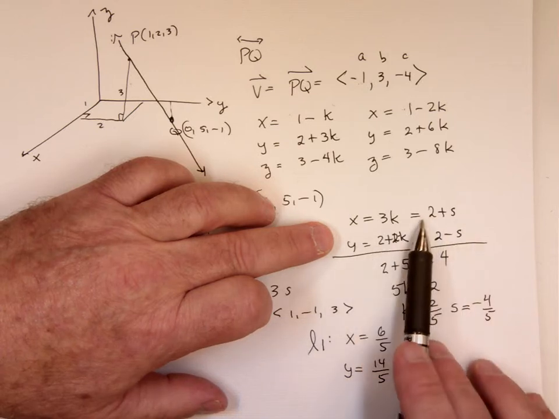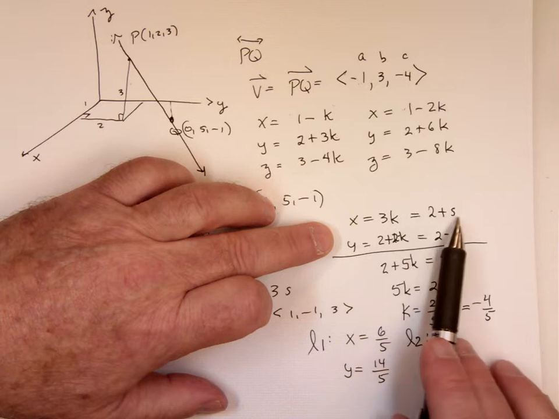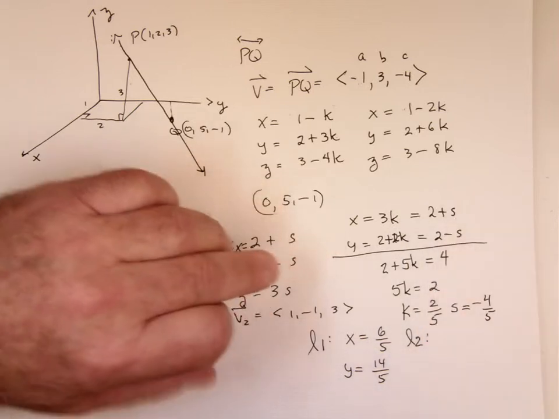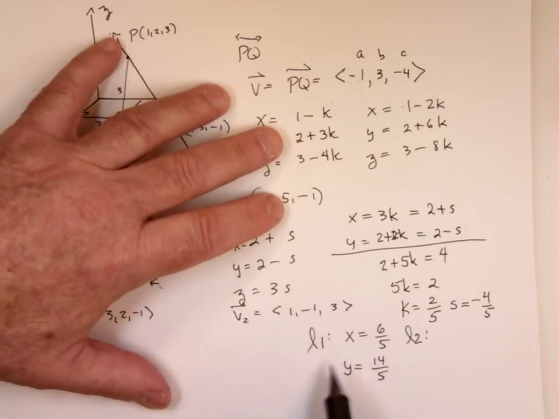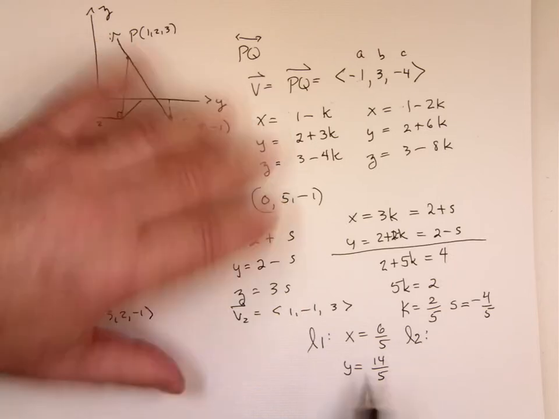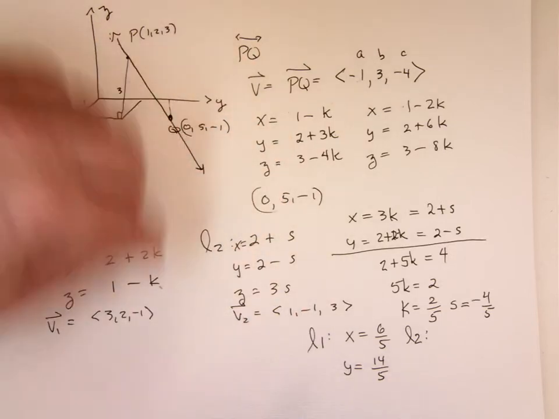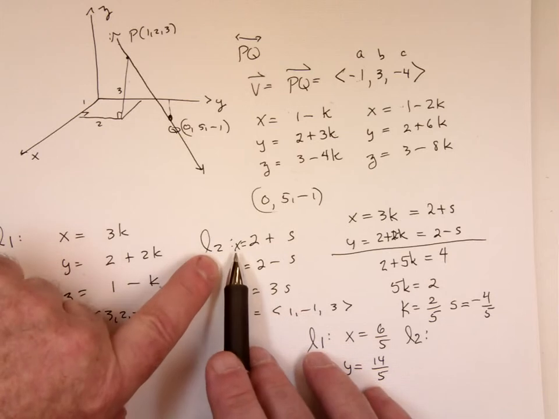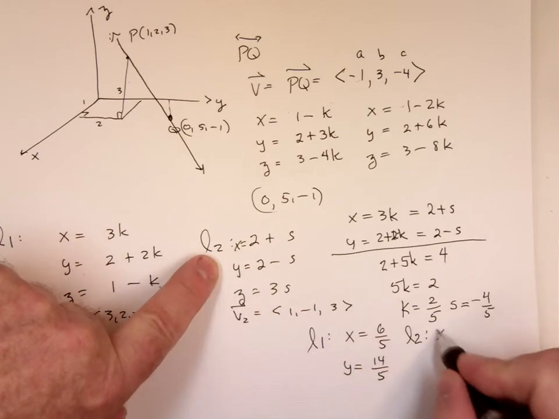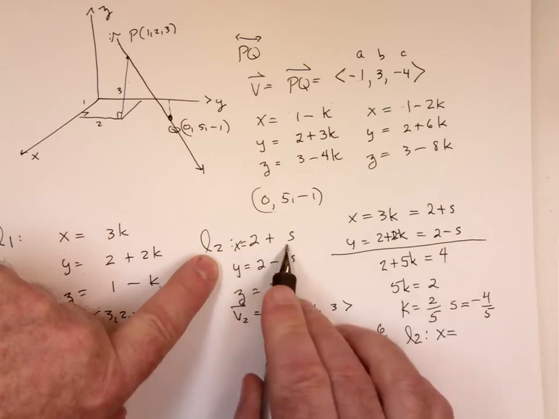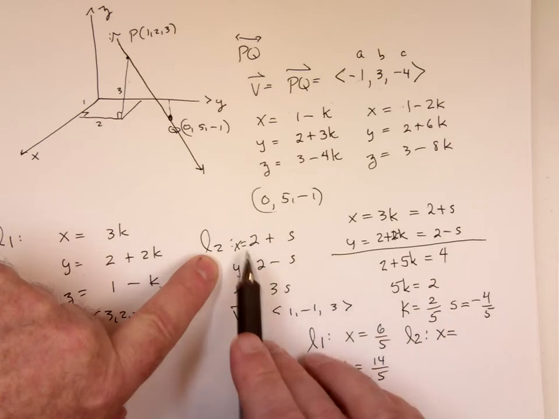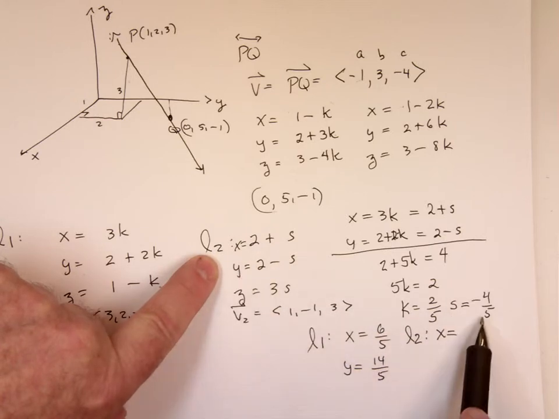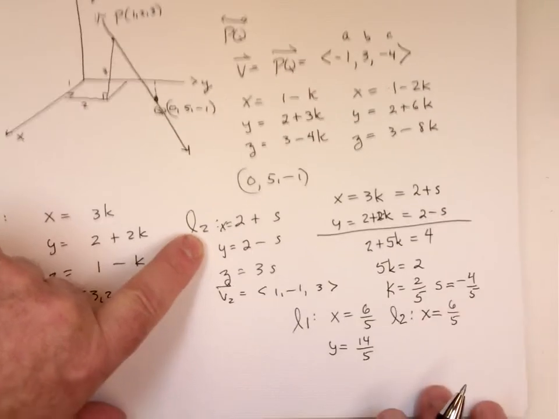That's 10 minus the 4, 6/5. Okay, so that does work. All right, let's find the x values for L2. They should be the same as these, but let's check it out, because you never know what could happen here. X is equal to 2 plus s. It's 10/5 plus the negative 4/5. That's 6/5. Good deal. Is everybody okay?